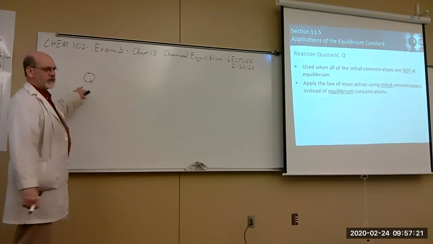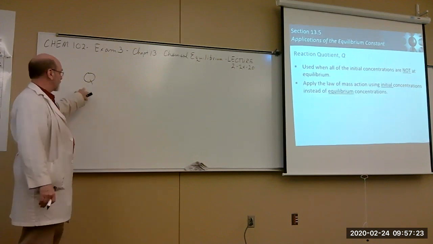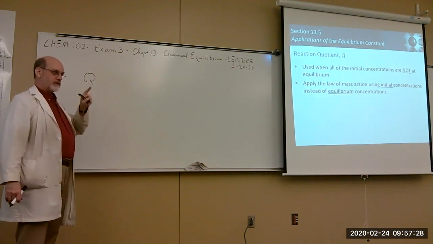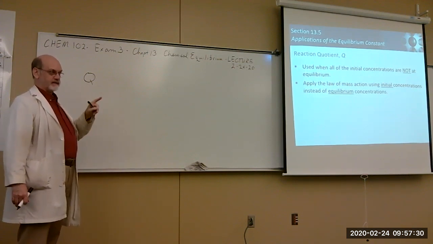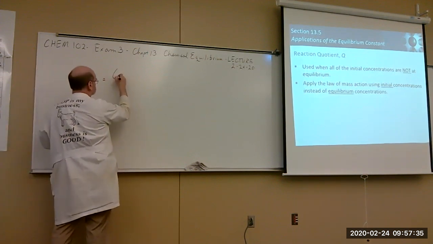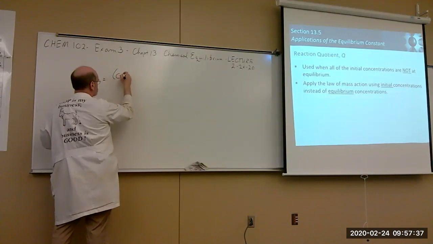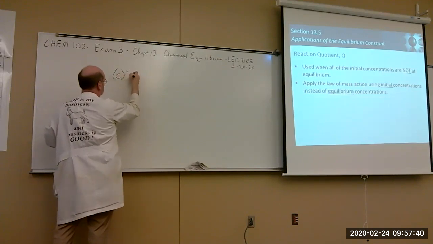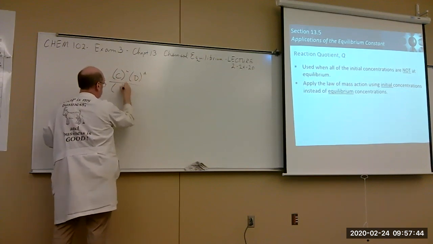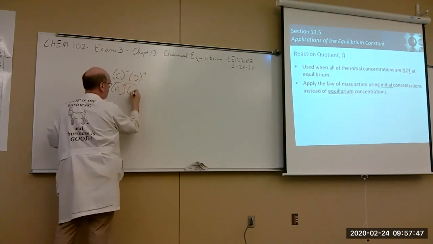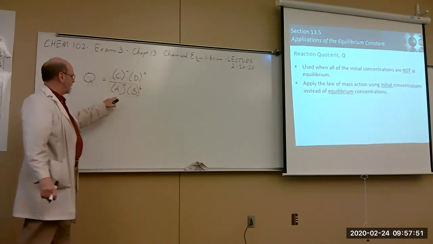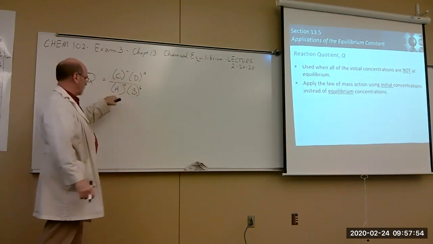Anyway, Q in terms of equilibrium, Q is not equilibrium. It looks like the equilibrium expression when you write it: C and D over A and B. The only difference is it's not an equilibrium, and we use parentheses.